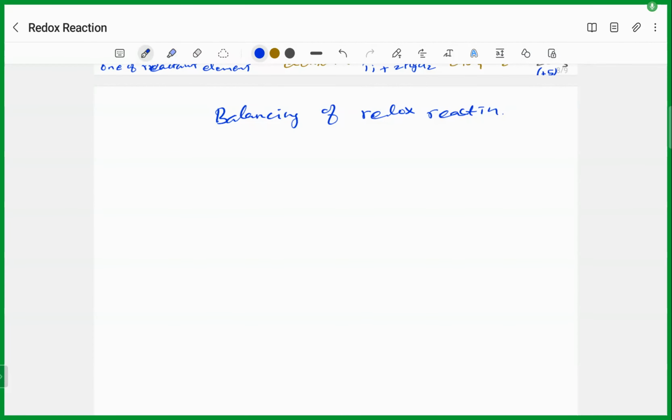So the oxidation number method involves the following points. So what are the points? Step 1: first we have to write the skeleton redox reaction.